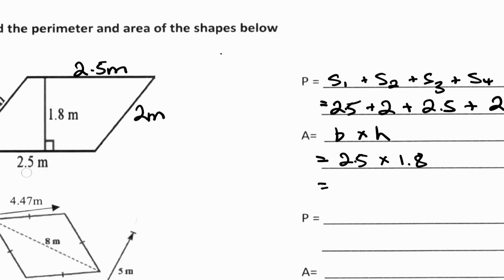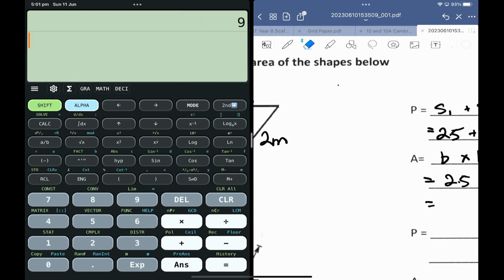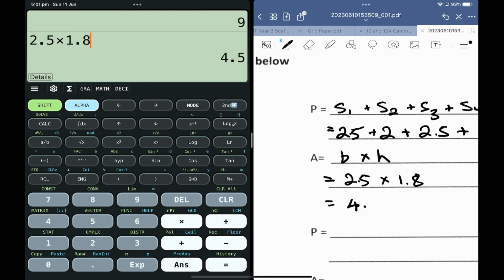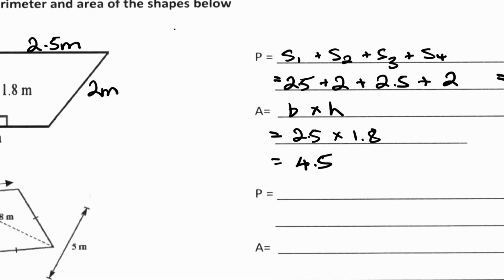And we plug that into our calculator. And we get 2.5 times 1.8 gives you 4.5. Don't forget the units. We're in meters, and because this is area, they are squared.